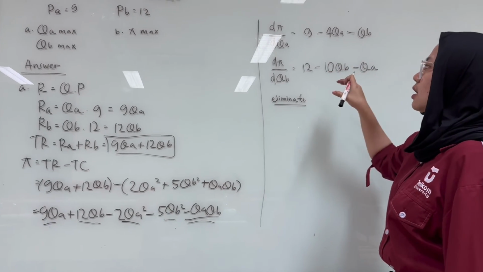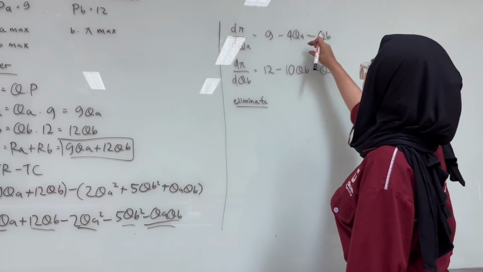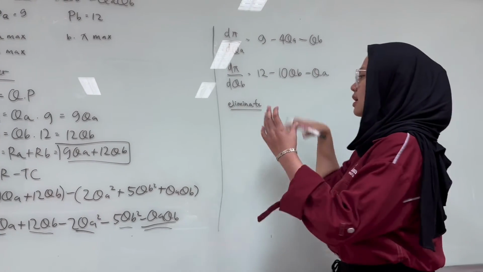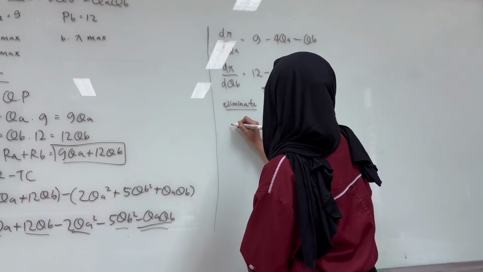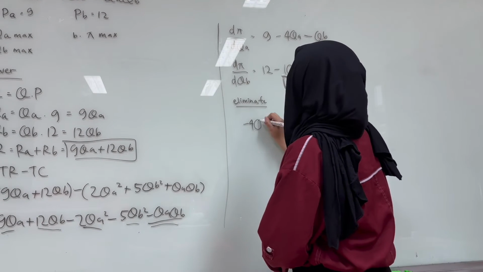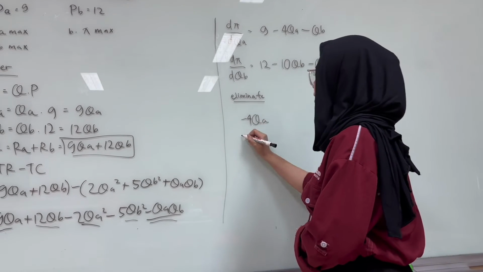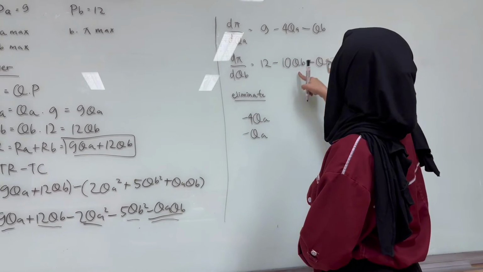So we group them: if a term contains QA, we arrange it with the same variable, QA with QA and QB with QB.